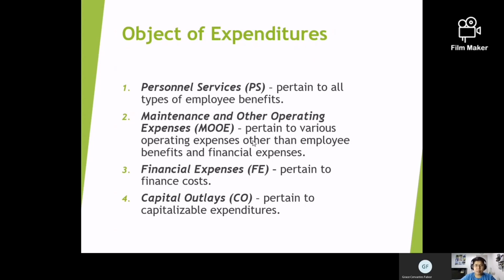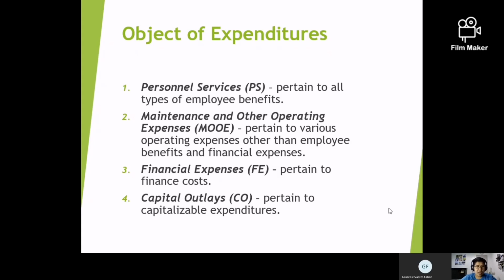Next is financial expense, which pertains to financial cost. And last is capital outlays, or CO, which pertains to capitalizable expenditure. Let me give an example. Under PS, it can be salaries and wages. It can also be personal economic relief allowance, representation allowance, and transportation allowance. The clothing and uniform allowance also falls here.